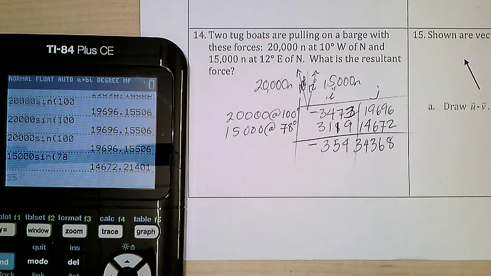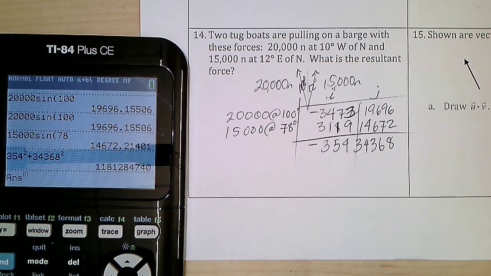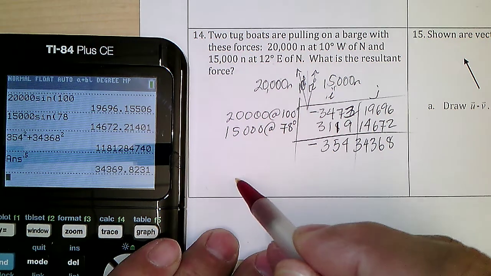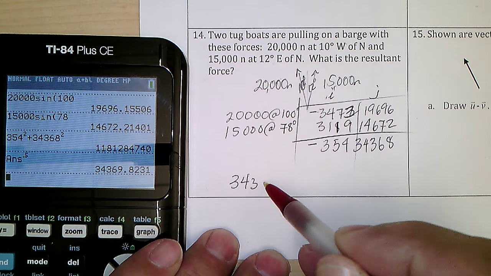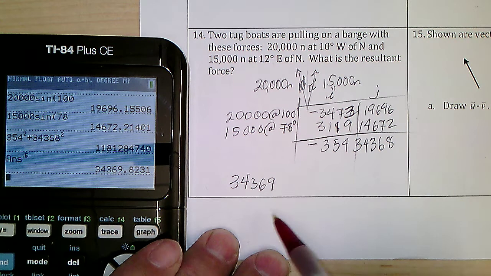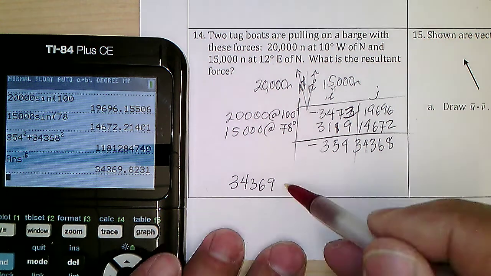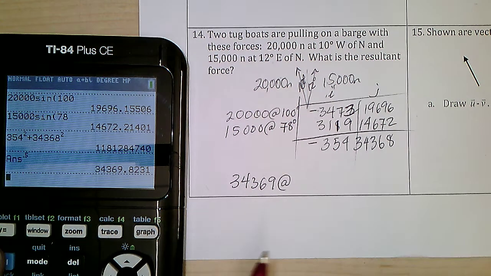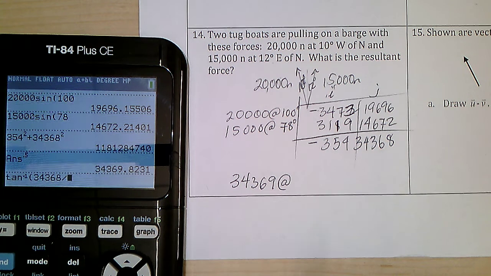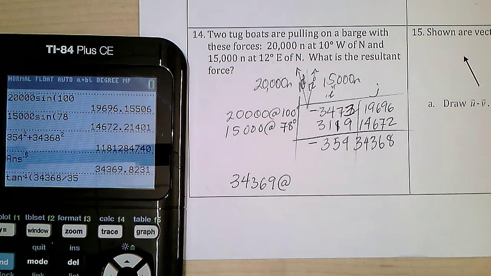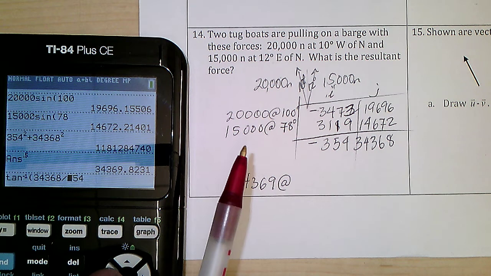So the actual pull will be the magnitude of this, 354 squared plus 34368 squared, square root. The length is 34369, and the direction would be the inverse tangent of 34368 divided by 354, with a negative in here.